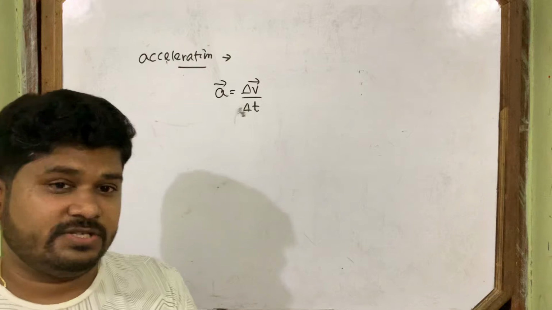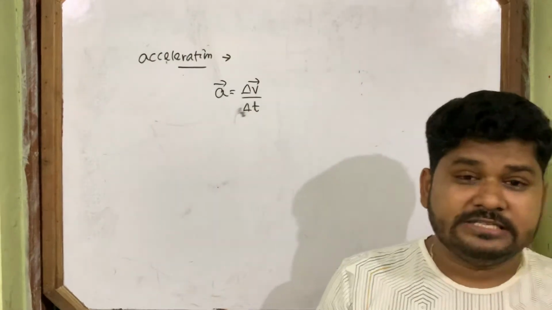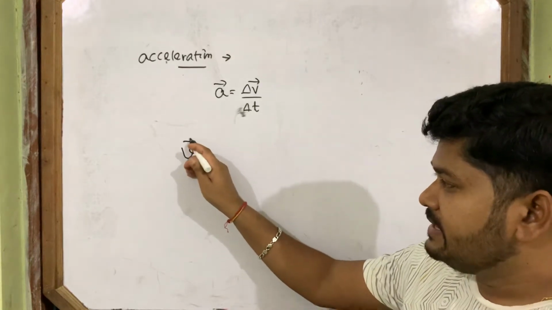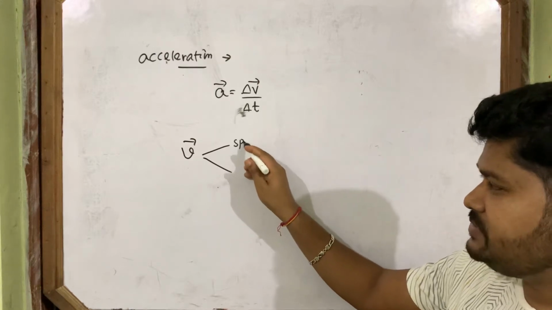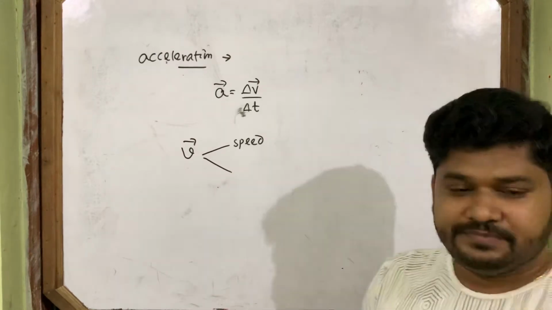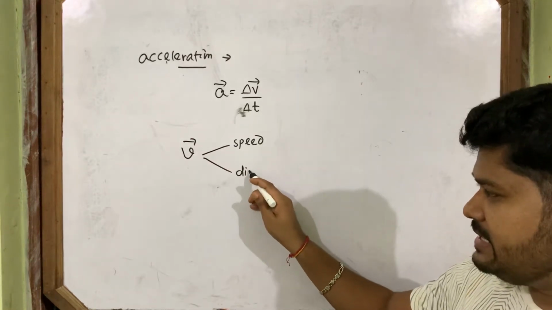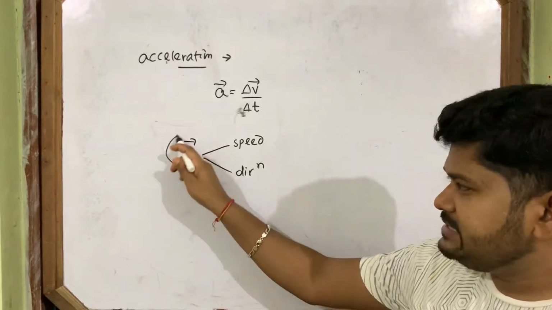This is the acceleration. But I want to share one important concept here. Velocity consists of two things. One is magnitude, that is called speed, and it also has a direction. Velocity change means what change?